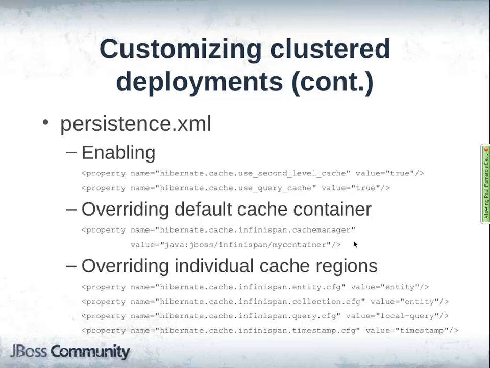But one of the big differences is in AS7, this JNDI lookup doesn't actually require that cache container to have been deployed and started beforehand. The fact that you have a JPA application that uses second level cache that's using this JNDI lookup, that itself will force the caches that it relies on to start when that application is deployed, and then will force that cache manager itself to be stopped when that application is undeployed.